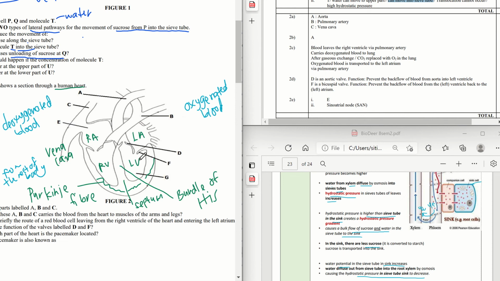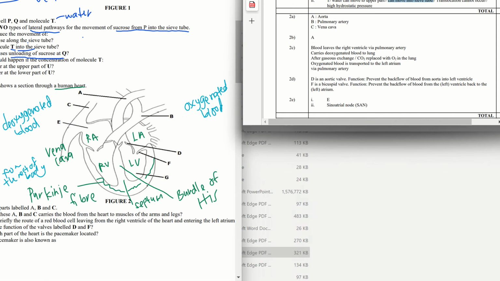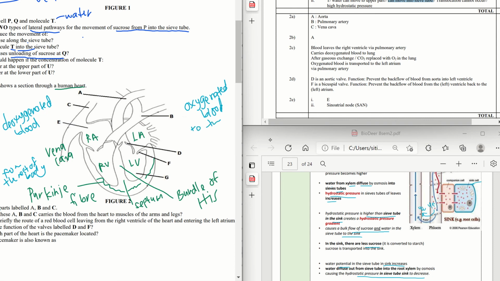So left ventricle ni dia akan bawa oxygenated blood to the rest of the body, from lung. Deoxygenated blood kita akan bagi to lung. Left ventricle akan bagi oxygenated blood to the rest of the body.